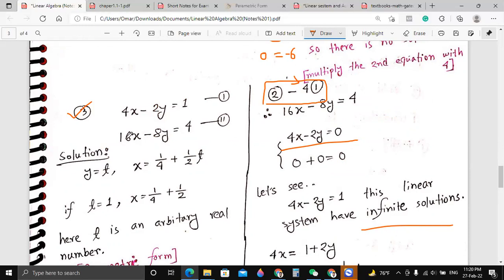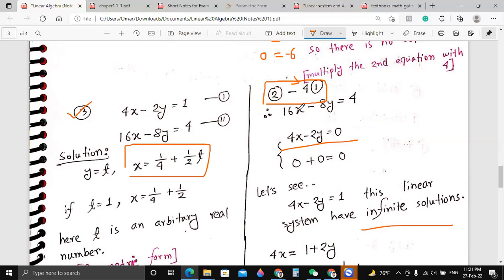Maybe 4, 16, 2, and yeah, minus 1 plus 1 by 4y. This linear system has infinite solution.